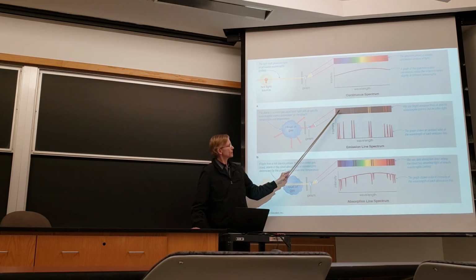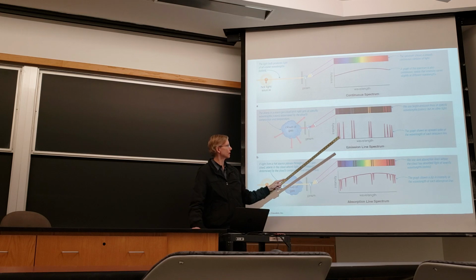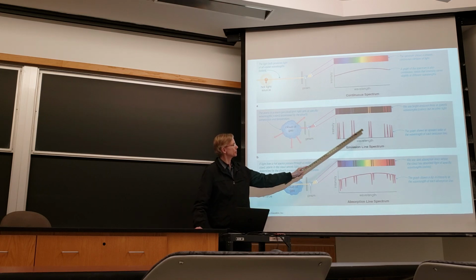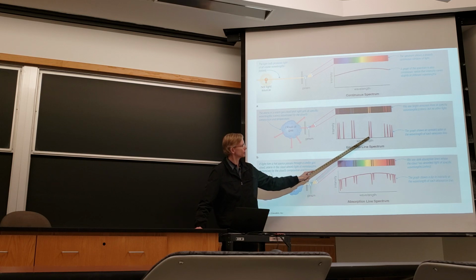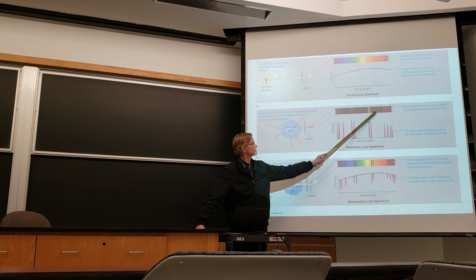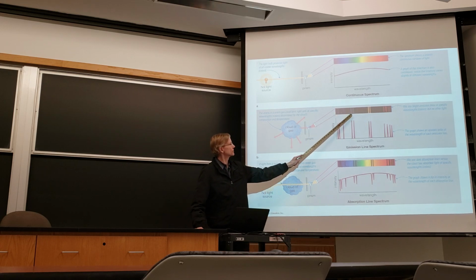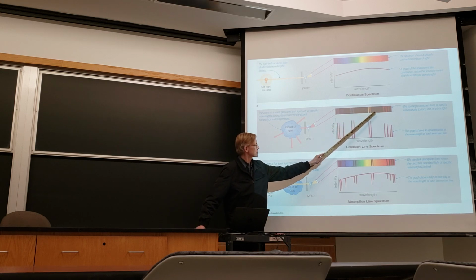You get a spectrum, a plot of brightness versus wavelength, which essentially has a bunch of sharp peaks, and it's essentially zero in between. So in other words, if you look at the spectrum, you see a bunch of individual bright lines at specific wavelengths, specific colors, and everywhere else it's dark.